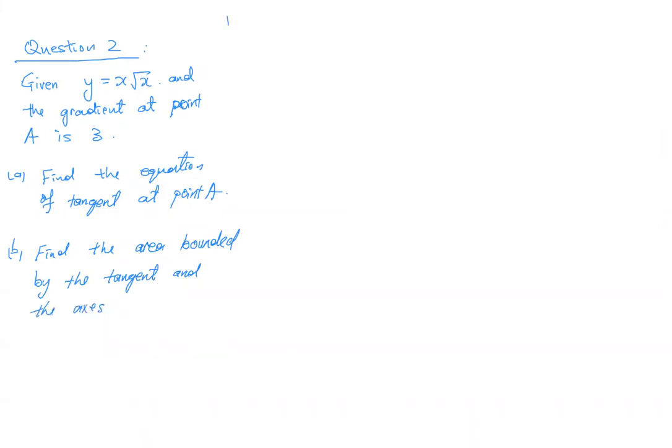Now, before I let you do, can you tell me which rule must I use to differentiate this, to find the slope function? Which rule? Azif? The basic rule, the simple rule, because this can be simplified, correct?